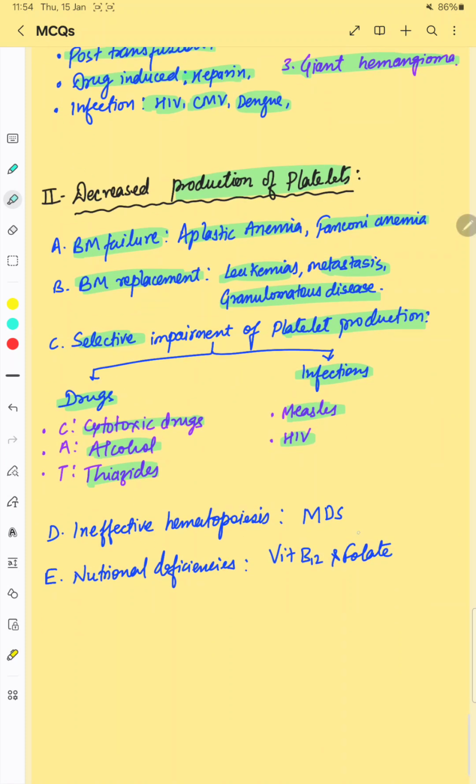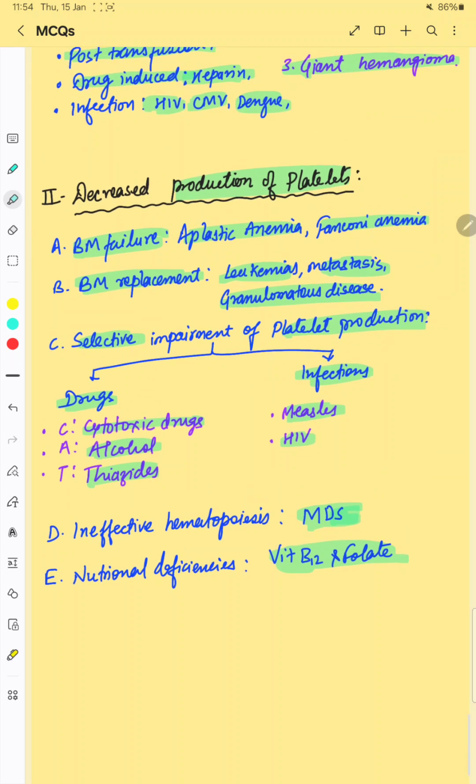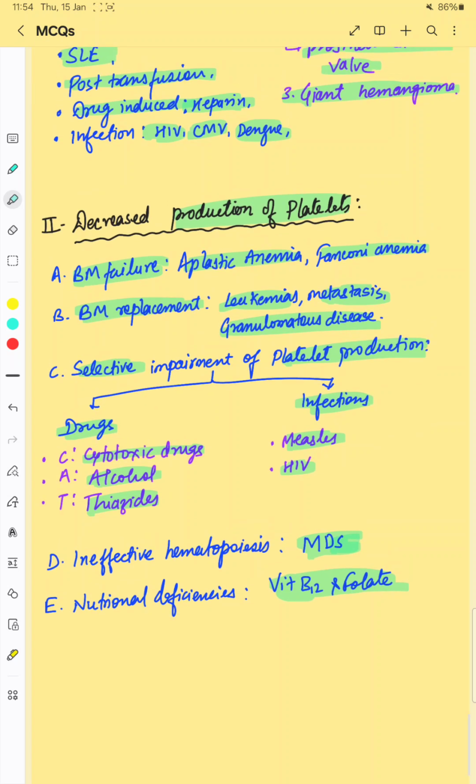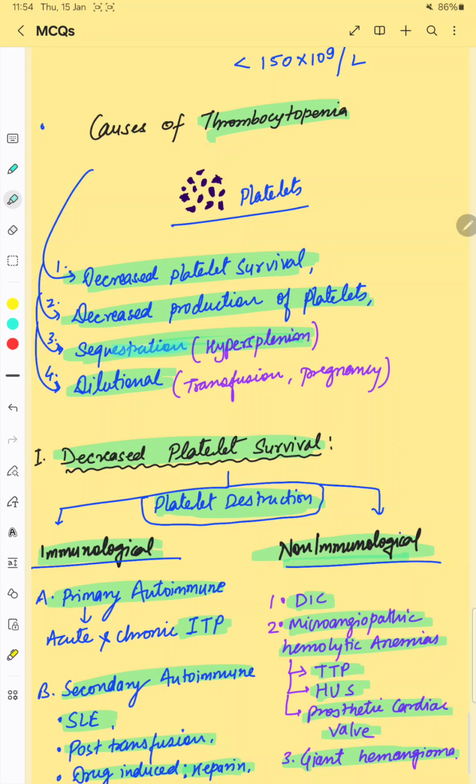Ineffective hematopoiesis may also result in a decreased platelet count, which is seen in myelodysplastic syndrome. Nutritional deficiencies, vitamin B12 and folate, may also result in decreased platelet production and ultimately thrombocytopenia.